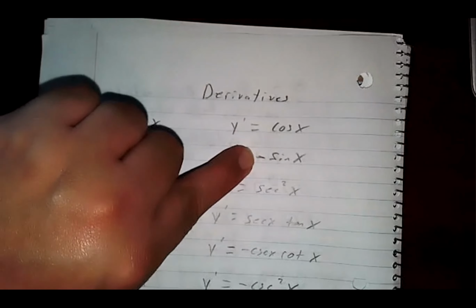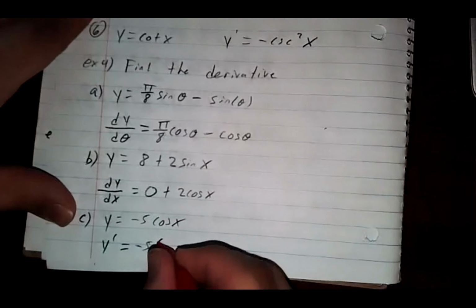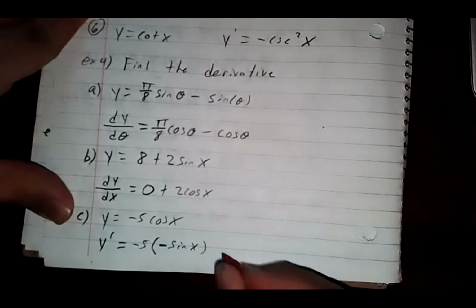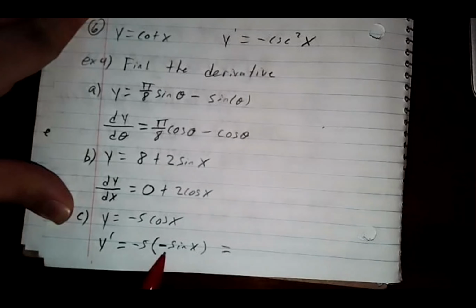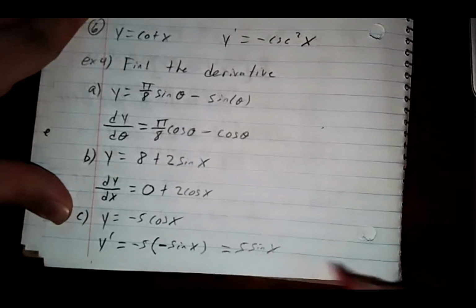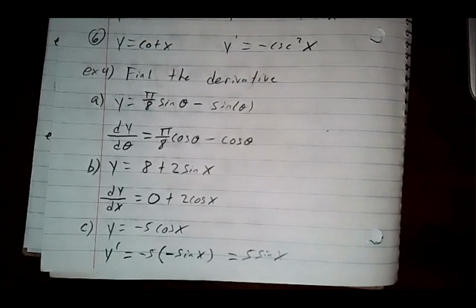See what I mean? So the negative 5 is still waiting for you, but this becomes negative sine x. So negative 5 times negative sine x is positive 5 sine x. Does that make sense? So look out for that, and they might come up in your homework.